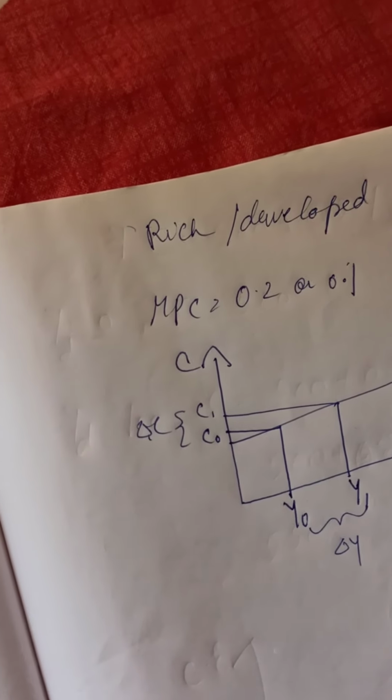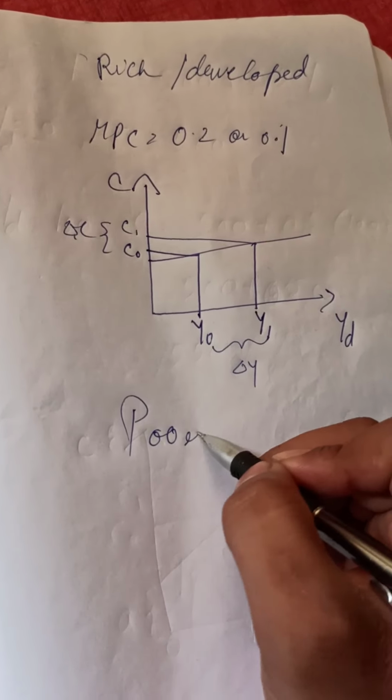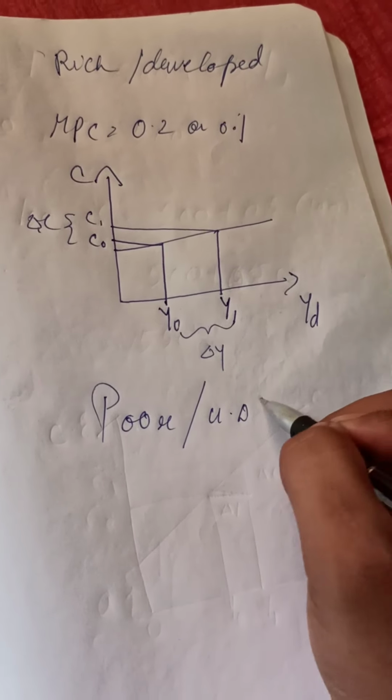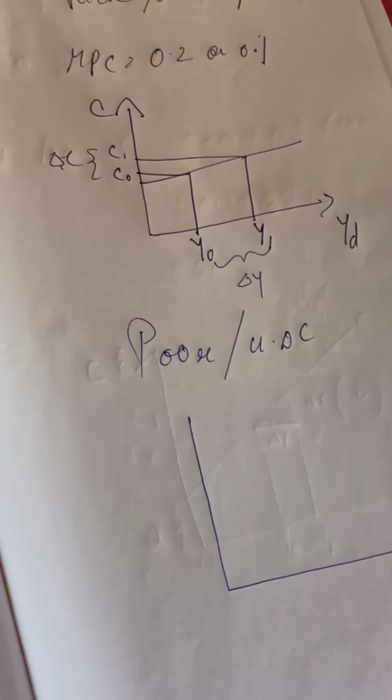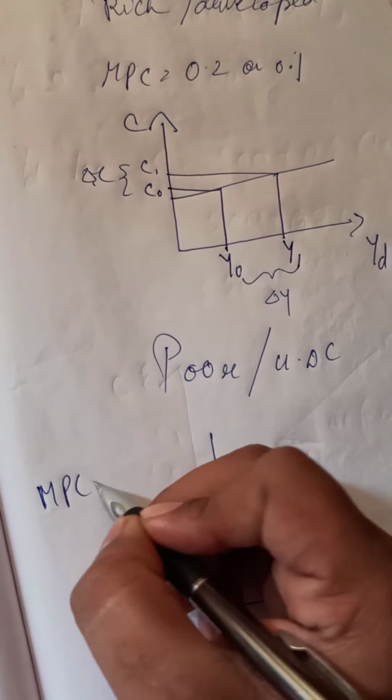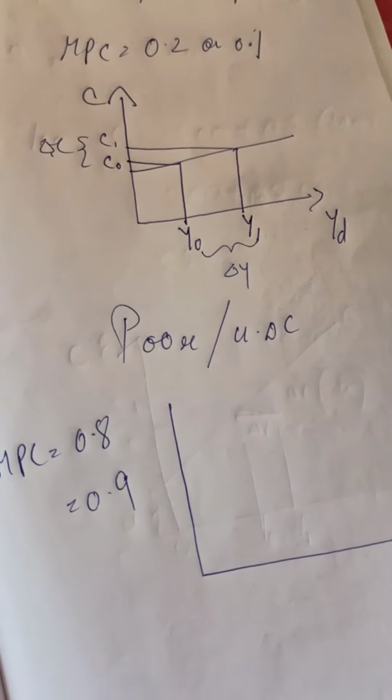Whereas for a poor or underdeveloped country, the value of MPC will be very high, 0.8, 0.9 or so on.